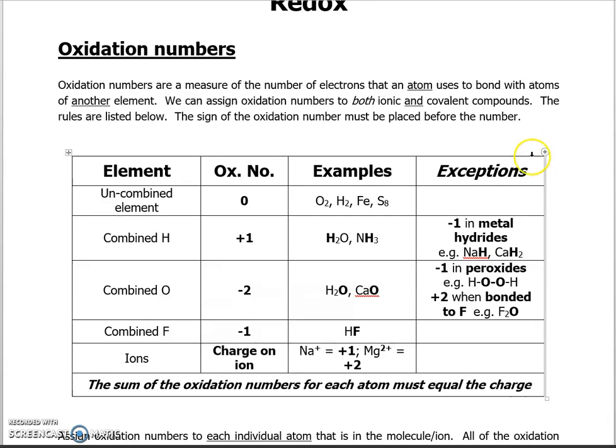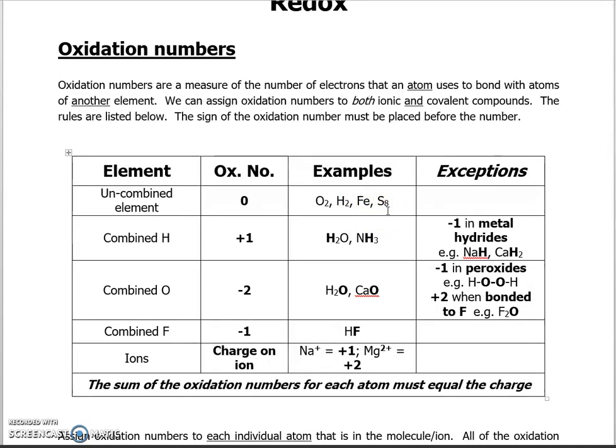The first rule is this. Any element that is uncombined with another element, i.e. it only has a bond to itself, its oxidation number will be 0. You will encounter this most frequently with the diatomic molecules such as oxygen, nitrogen, fluorine, hydrogen, also things like sulfur 8.